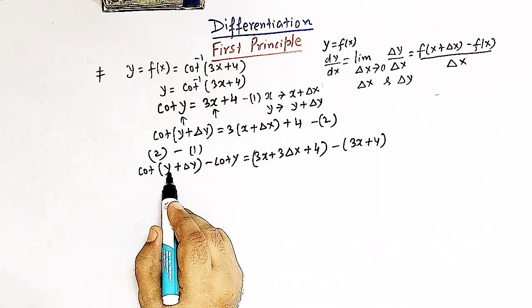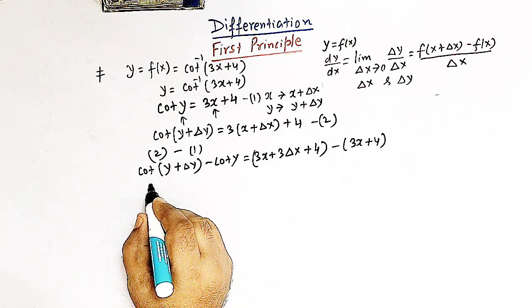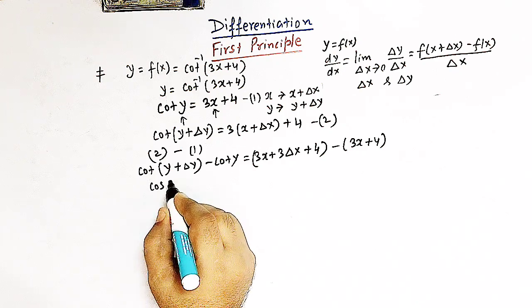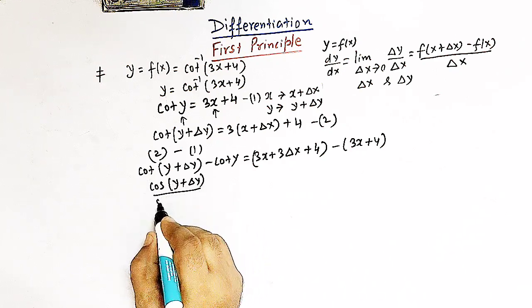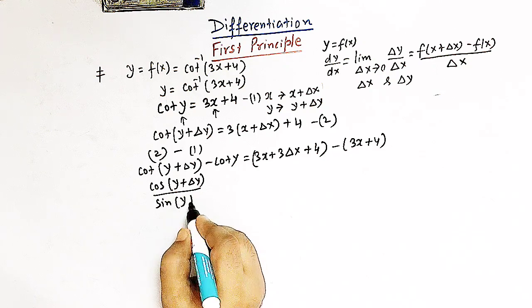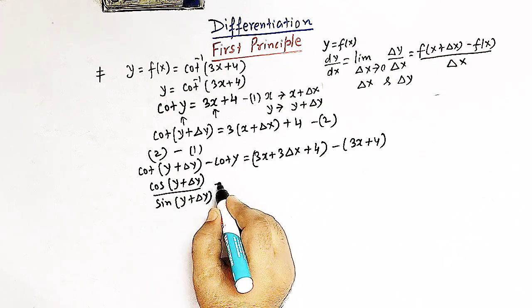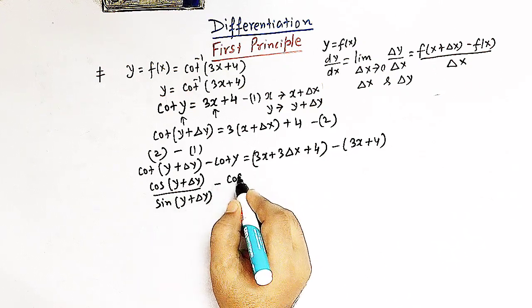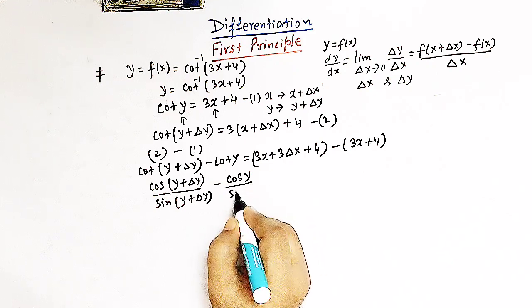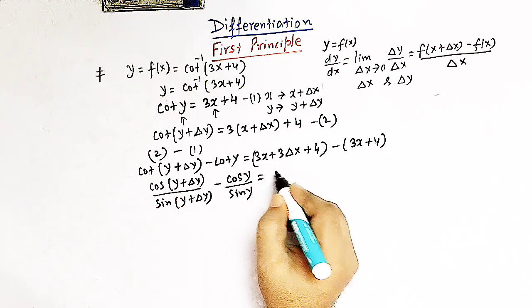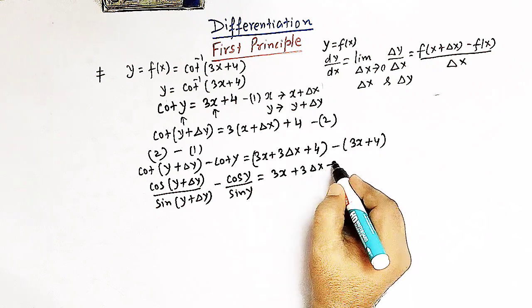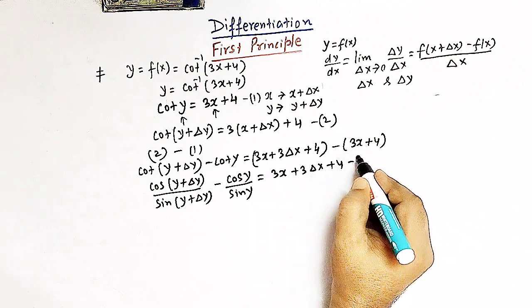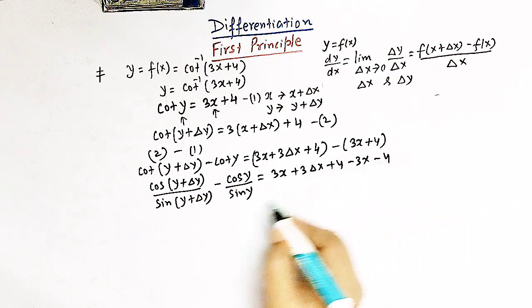Now cot of (y plus delta y) can be written as cos of (y plus delta y) divided by sine of (y plus delta y), and cot y can be written as cos y over sine y, and here we have 3x plus 3 delta x plus 4, and minus 3x minus 4.